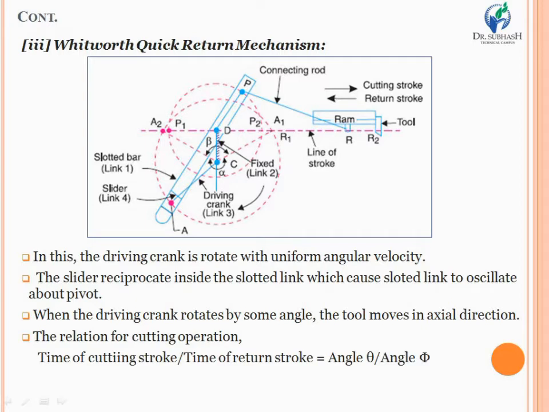So the ultimate requirement of this mechanism is that the cutting stroke should be performed very slowly, whereas the return stroke should be performed very quickly. This is fulfilled especially through the Whitworth quick return motion mechanism. And the relationship for achieving this kind of operation is the ratio of time of cutting stroke to time of return stroke, which should always equal angle theta upon angle phi.